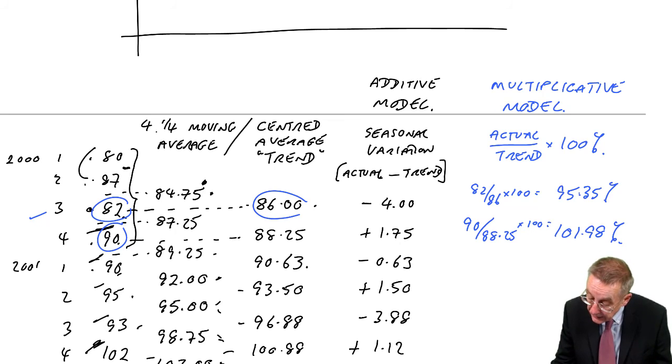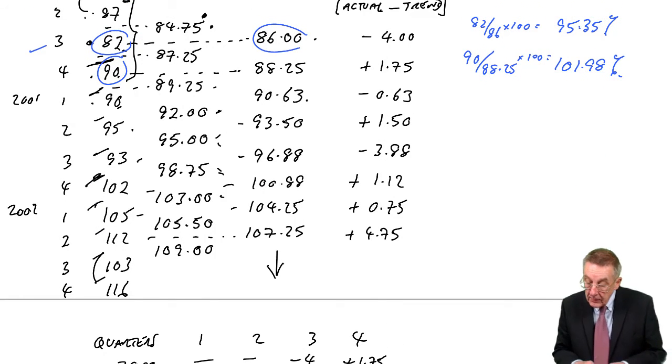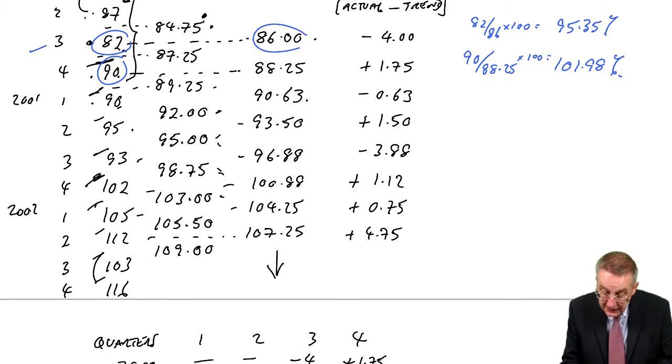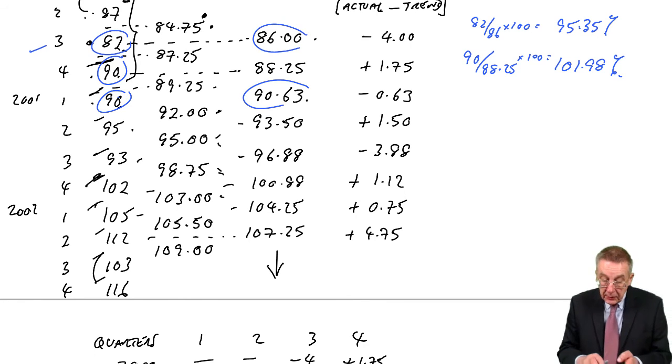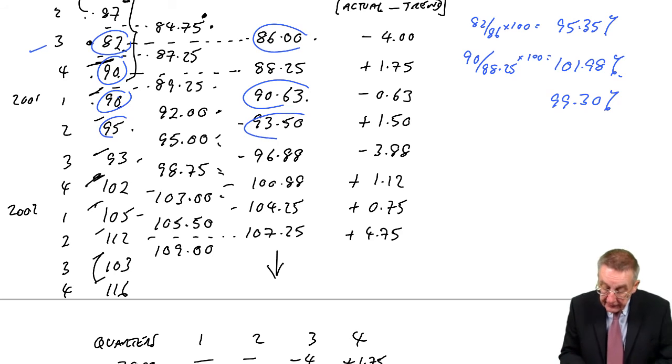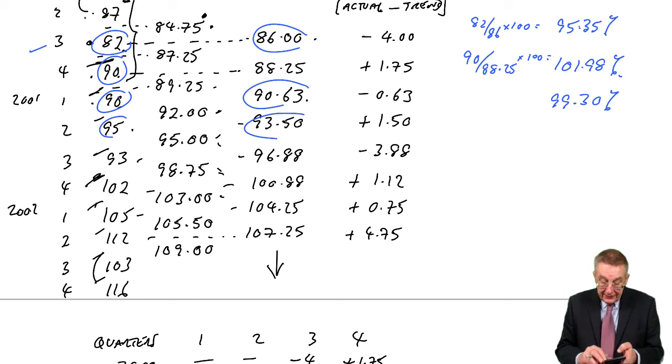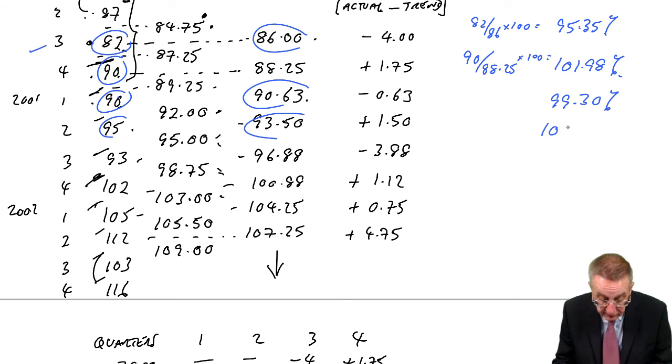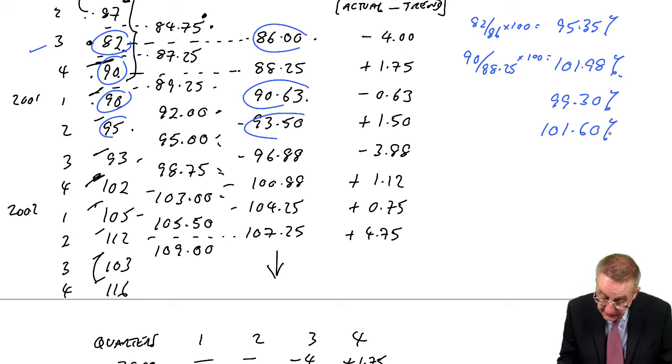I won't show all the workings. But the next one, 90 as a percent of 90.63 is 99.30%. 95 as a percent of 93.5 is 101.6%.